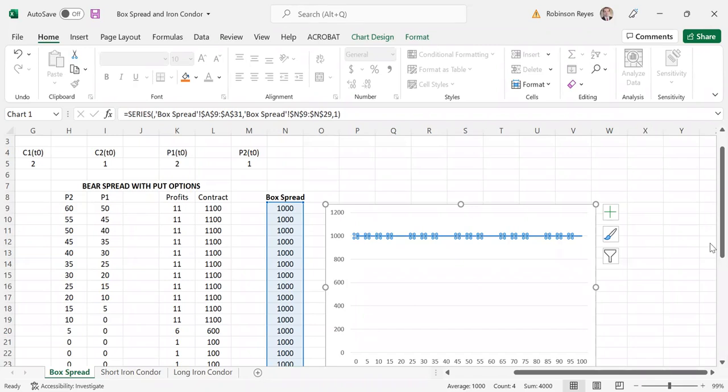Now, one last feature of the box spread is that the return you should get from investing in a box spread should be similar to a riskless asset, which we can think of as the treasury rate, in which an investor has no risk. The profits from investing in a box spread should be similar to that, because if the box spread is giving you a higher or a lower return than that, you may have an arbitrage opportunity right there that you could exploit.